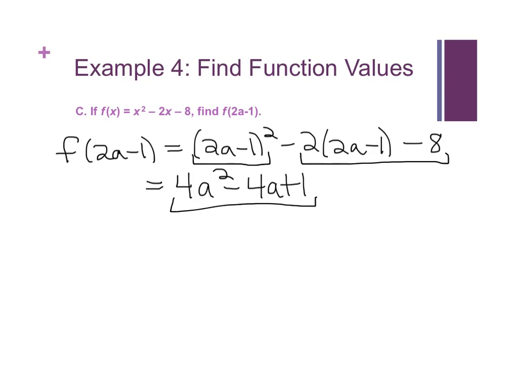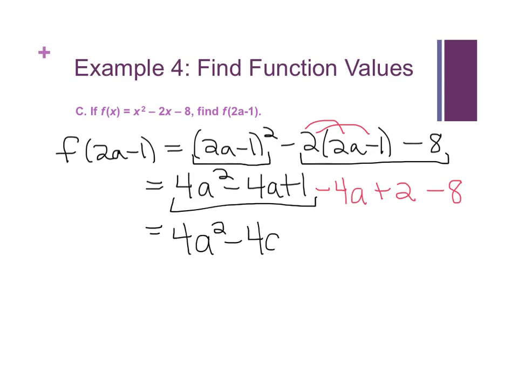So I'm going to start by distributing the negative 2 through the parentheses here, and I get a negative 4a plus 2, and then I have a minus 8 at the end. I have 4a squared minus 4a plus 1 minus 4a, and then the 2 minus 8 actually gives me a negative 6.